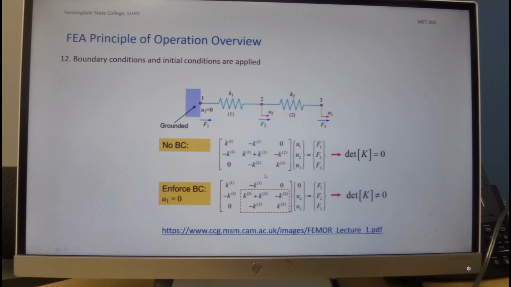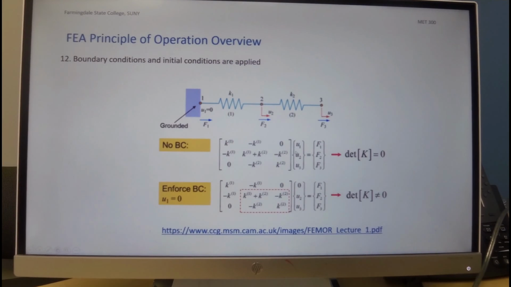And we see here an example of a linear element with its global matrix of stiffness, this is before we apply boundary condition. And then when we apply boundary condition, we set one of these elements to a certain value.